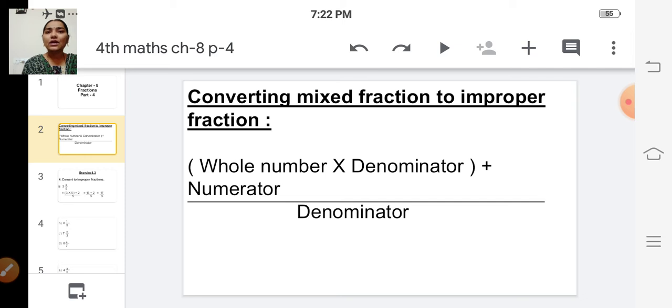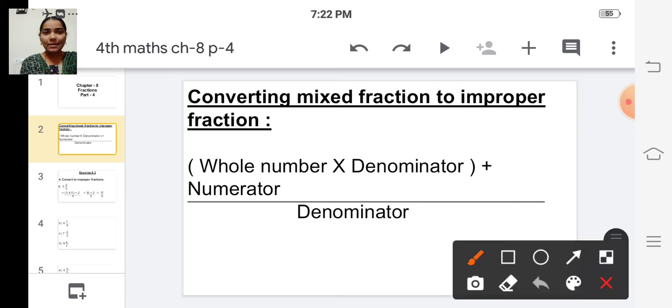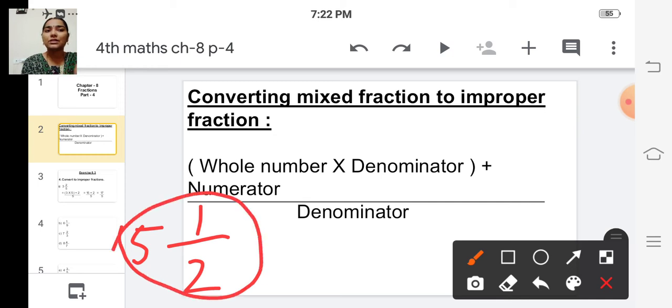So we are going to use one formula. What is that formula? Whole number into denominator plus numerator divided by denominator. For example, 5 1 by 2. It is a mixed fraction, so we are going to convert this mixed fraction into improper fraction using this formula.